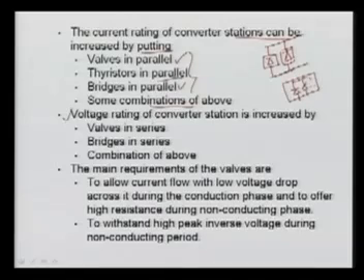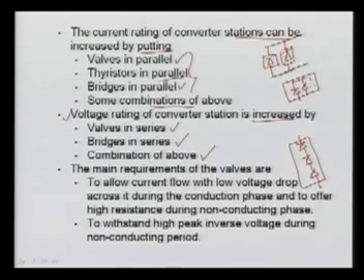The voltage rating of the converter station can be enhanced or increased by valves in series, bridges in series, or thyristors in series, and a combination of the above. Here, this is your valve, where we can have various thyristors. So this is one valve where we can add several thyristors, or we can have various bridges connected here in series to increase this.